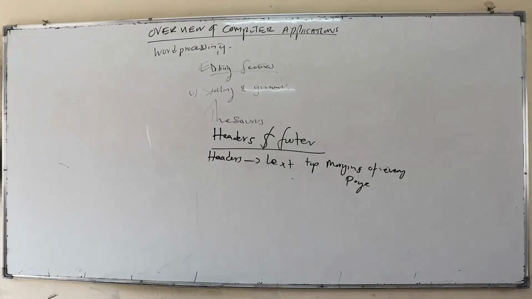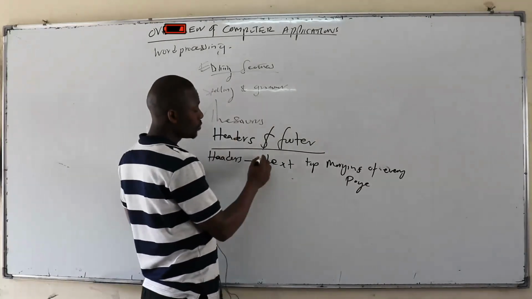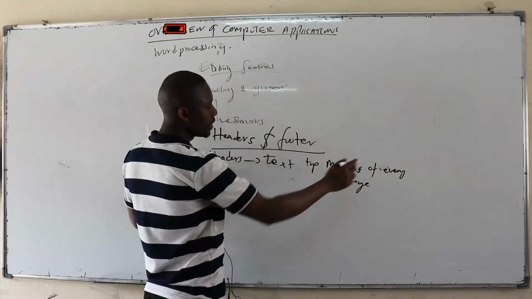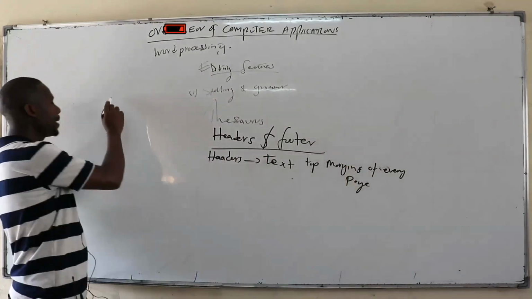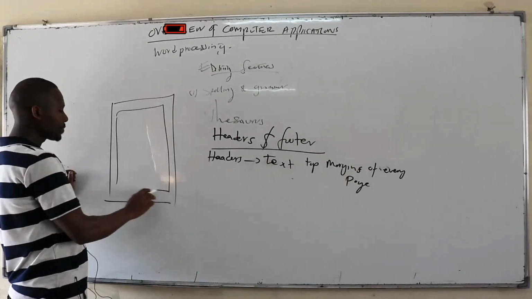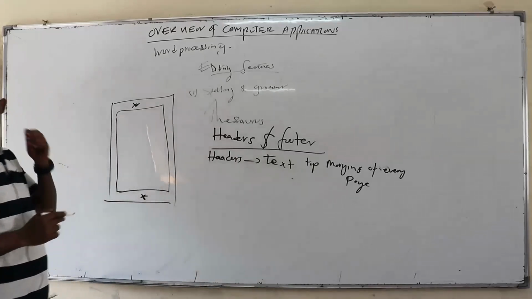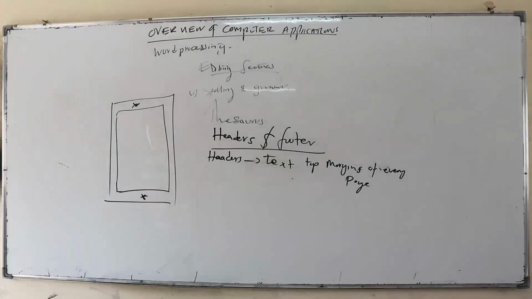If you have a page, this is your page, this is the margin, then you have headers above and footers below. So that is another feature of a word processor. Remember that we are only checking on features, nothing much about the applications we use in word processing.